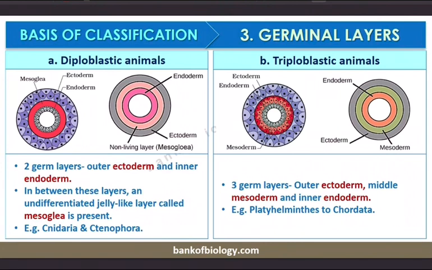And here you can see only two layers, one is the ectoderm, another is the endoderm. Then we say diploblastic: two germ layers, outer ectoderm and inner endoderm. In between these layers, an undifferentiated jelly-like layer called mesoglea is present, but that is undifferentiated.